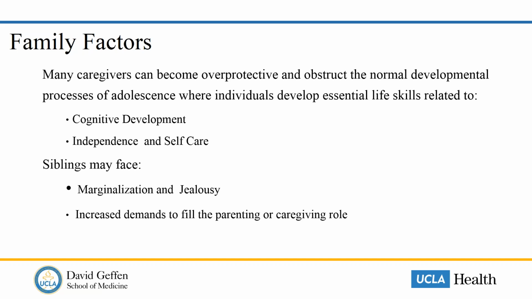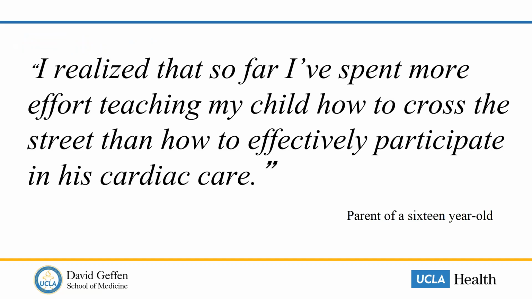I always try and involve siblings within our medical visits, make sure I have an interaction with them as well, because they often feel marginalized, and they can see and feel some of the demands that parents are having to put out for their child with a chronic illness.